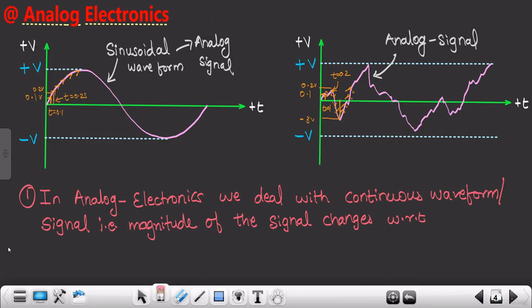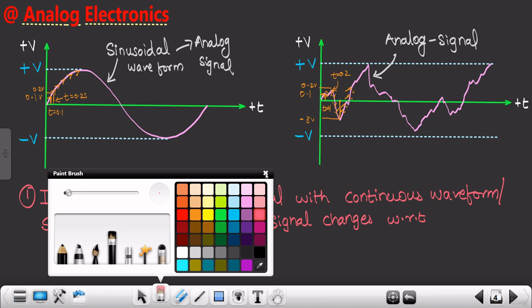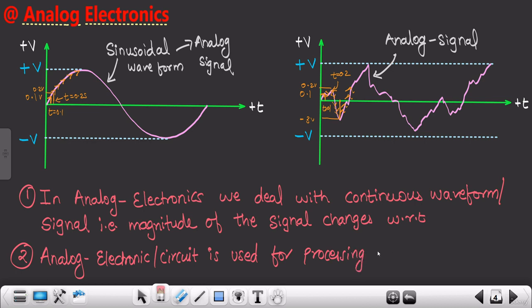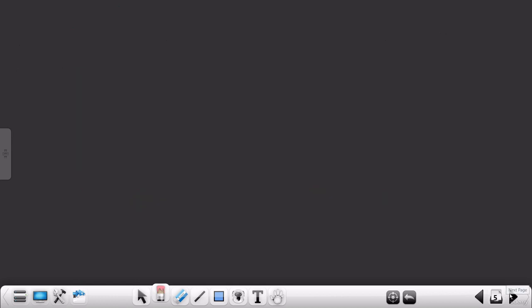And the second point is that analog electronics or circuit is used for processing analog signals, right?